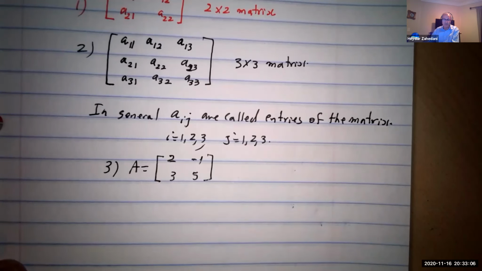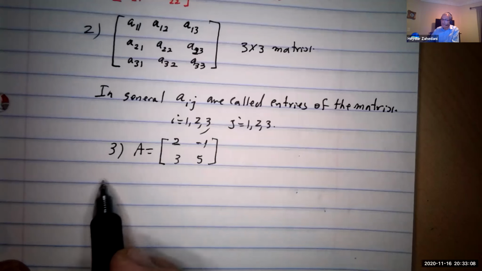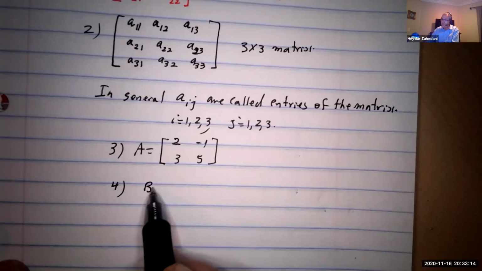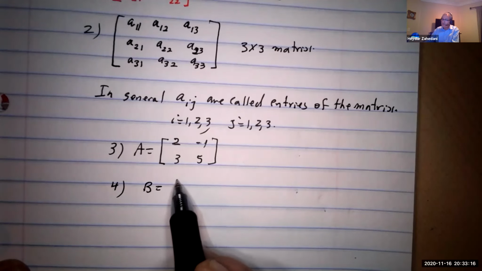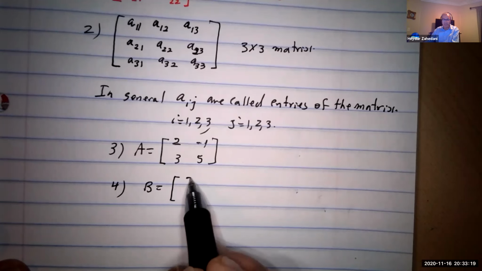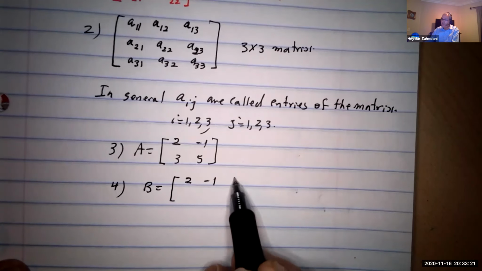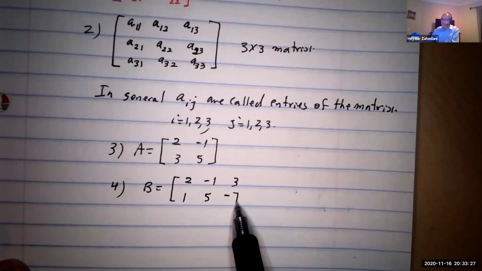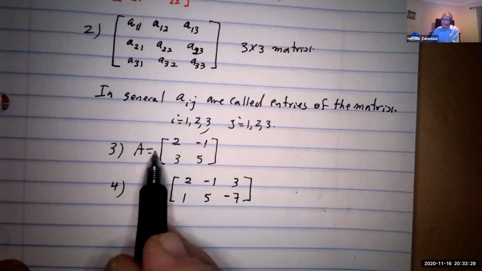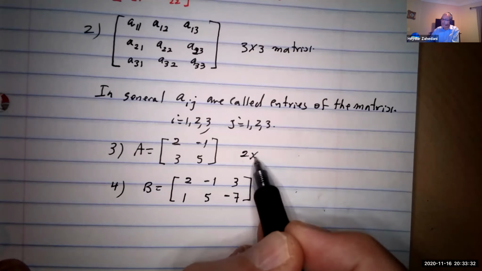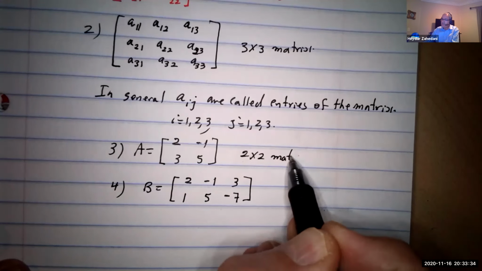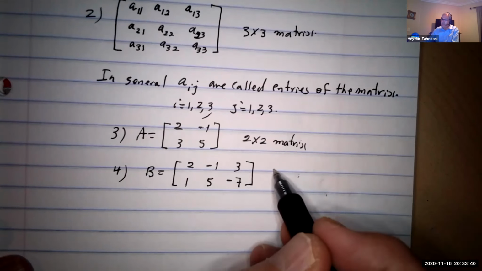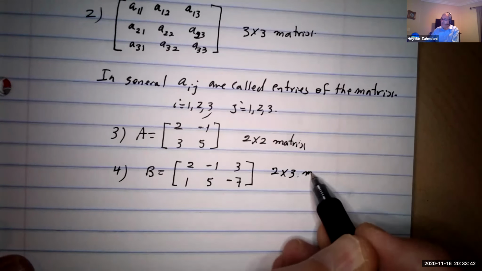You see that's going to be a 2 by 2 one. And if you would like, you can have a different format. We are not going to use this type, but you may have something like 2, -1, 3 and 1, 5, -7. So the previous one is a 2 by 2 matrix, but over here we have 2 rows and 3 columns, a 2 by 3 matrix.